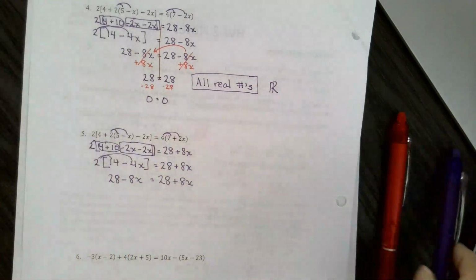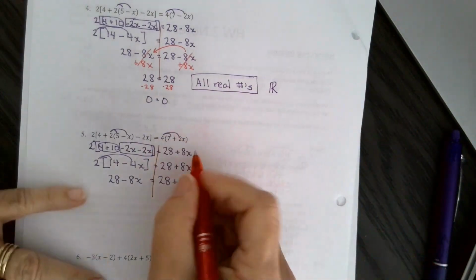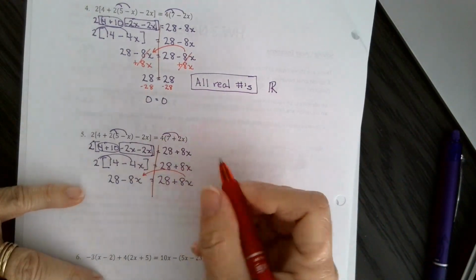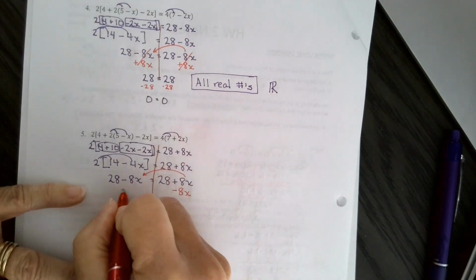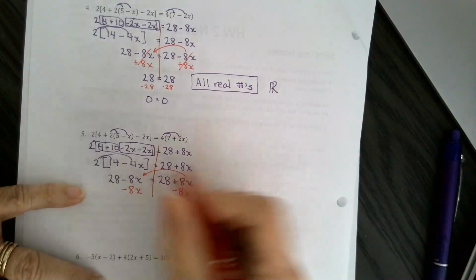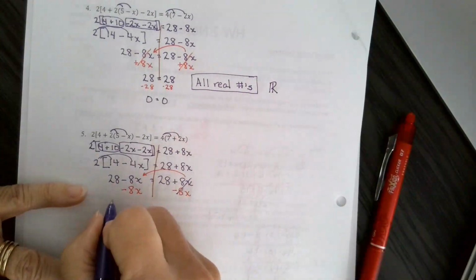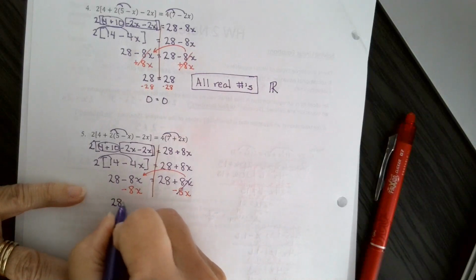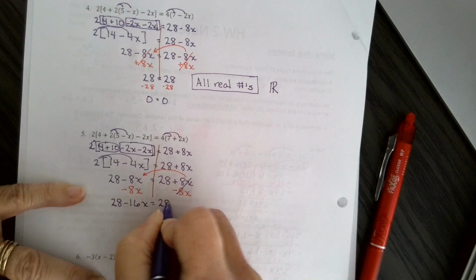Again, I'm going to move my letters first, and I always move them to the left because I don't mind working with negatives. Of course, everybody likes positives better, but it shouldn't bother you at this level. So 28 minus 16x equals 28.